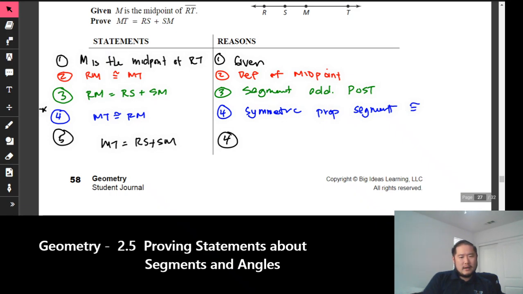And check this out. What if I went ahead and took this right here, this MT, and I moved that in to RM? Right, so I could have automatically made this MT is equal to RS plus SM. And that would be substitution.